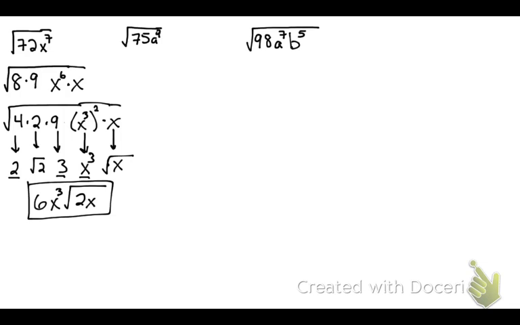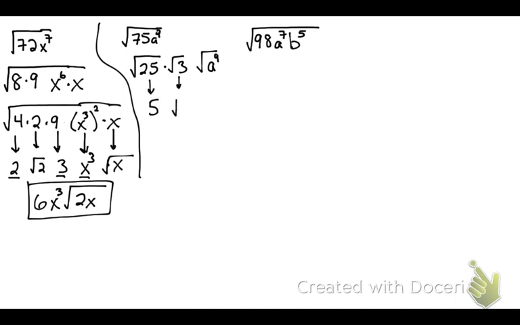All right, let's look at the second one now. Getting kind of messy here. 75a to the 9th. Well, 75 is 25 times 3. I'm going to use the Orndorff method on a to the 9th. I like that way. I miss Richard. The square root of 25 is just 5.